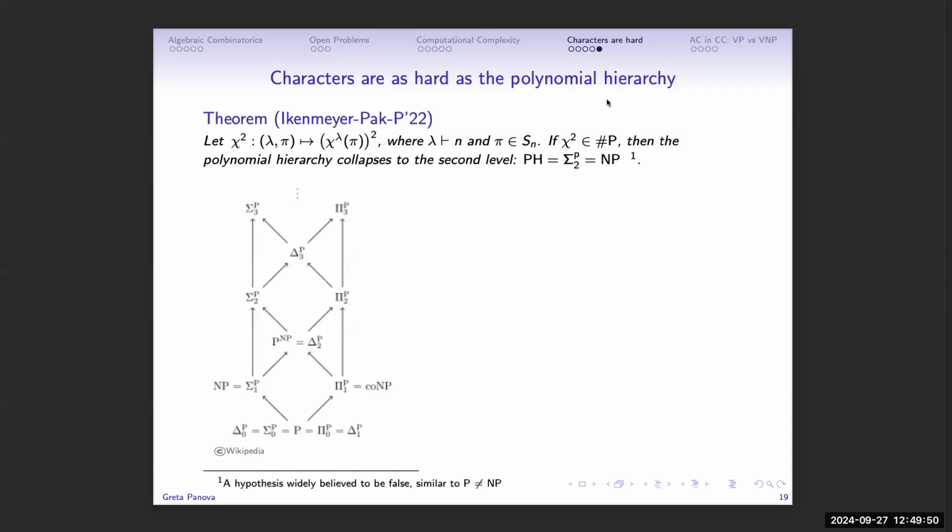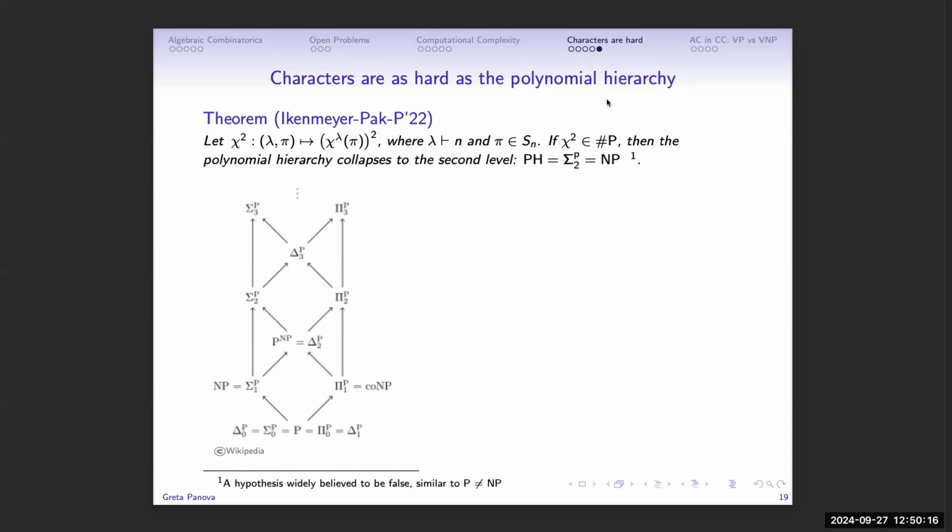So this is our polynomial hierarchy, which I stole from Wikipedia. There is the class P, there is the class NP, and then you can use each one of these classes as a machine and take it as an augmentation to another Turing machine.